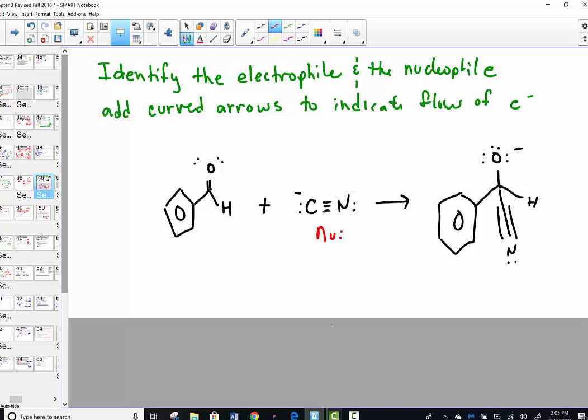Where is it being brought to? Well, here's a carbonyl, C double bond O. And remember we discussed carbonyl as a great target for nucleophiles because the carbon is left as a slightly positive charge based on the electronegativity difference. That carbon in a carbonyl is slightly positive, making a great target for the electrophile category.